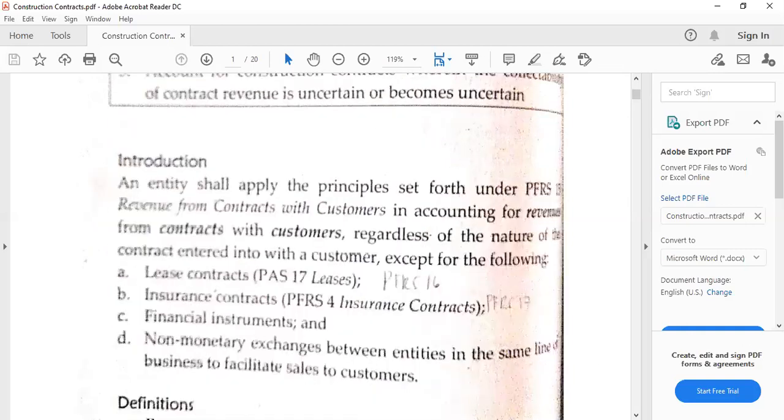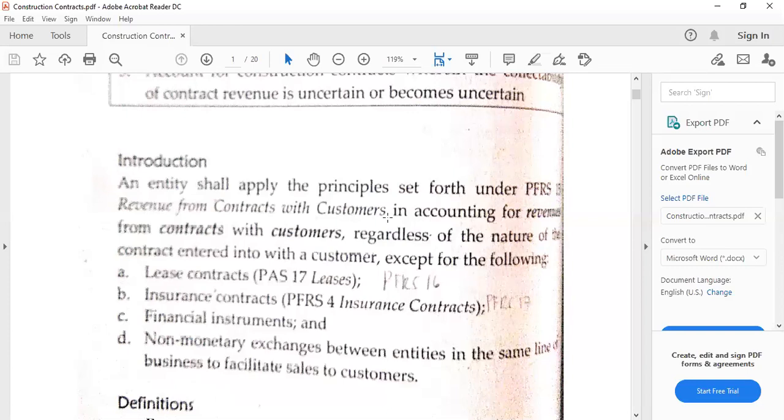All right. So as introduction, again, for construction contracts, we have to follow the provisions under PFRS 15. So remember, the provision of PFRS 15 is applicable for all contracts with customers, regardless of the nature of the contract.